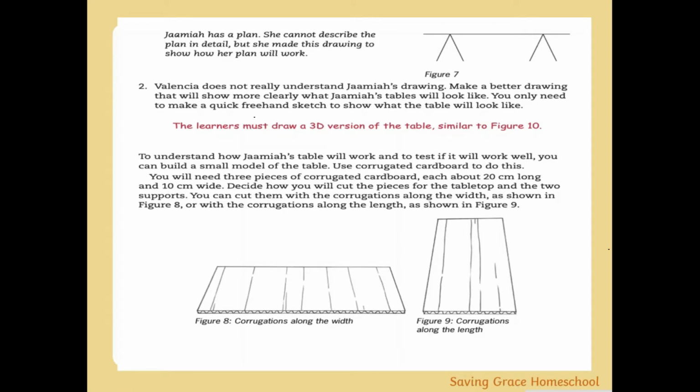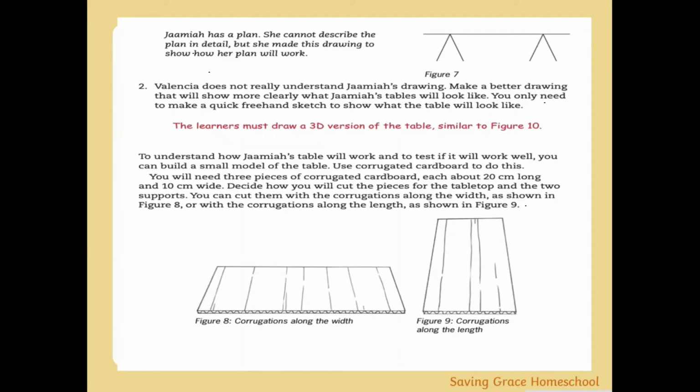Cool. So Jamia has a plan. She can't describe the plan in detail, but she's given you a rough drawing to see what her work is. Valencia looks at Jamia's idea, but she doesn't really understand her drawing and how to build this from what she said.